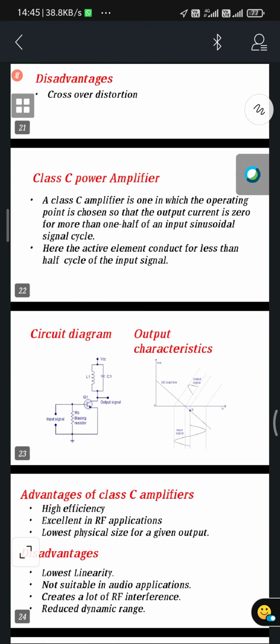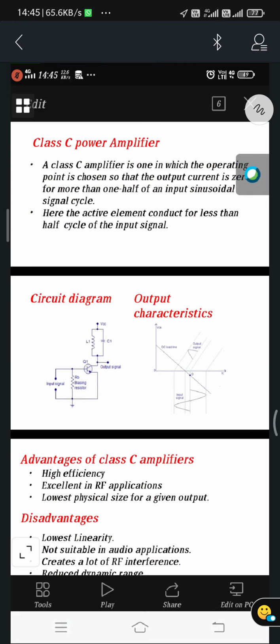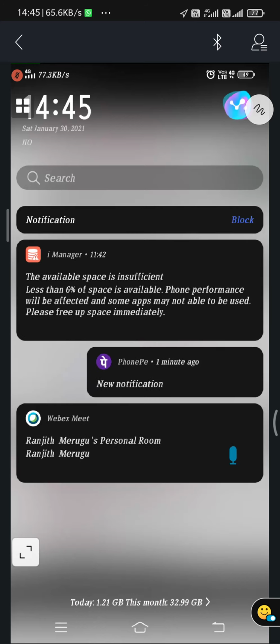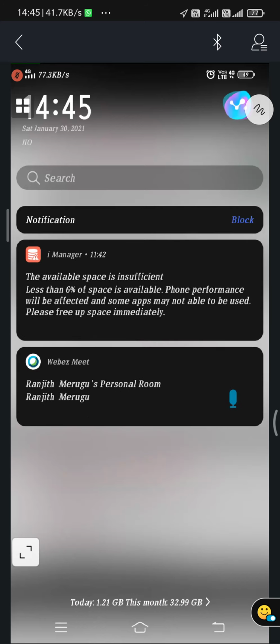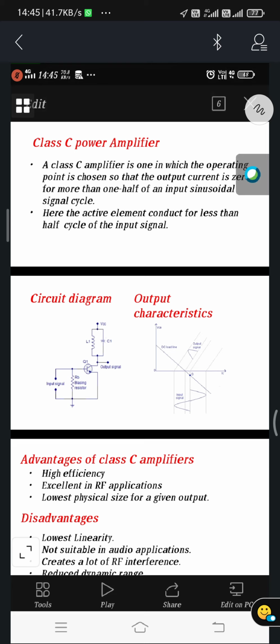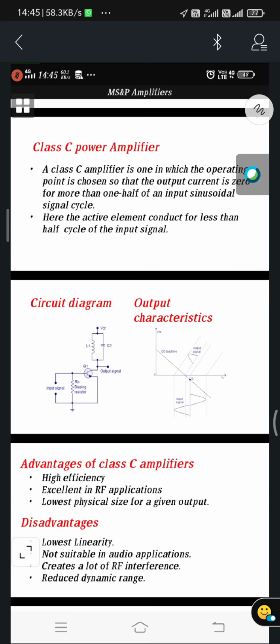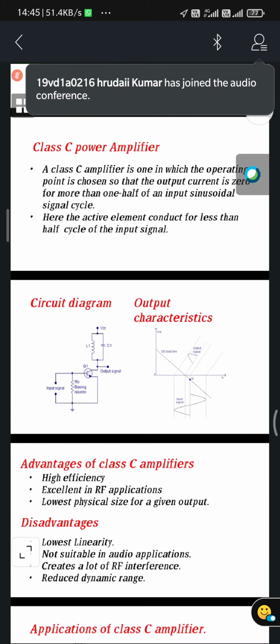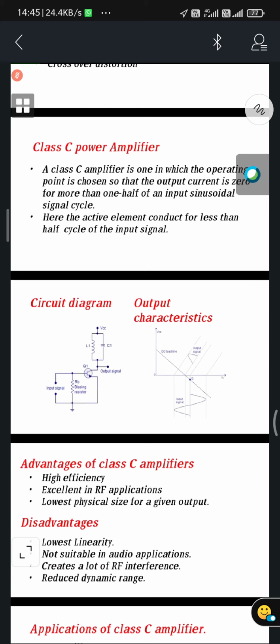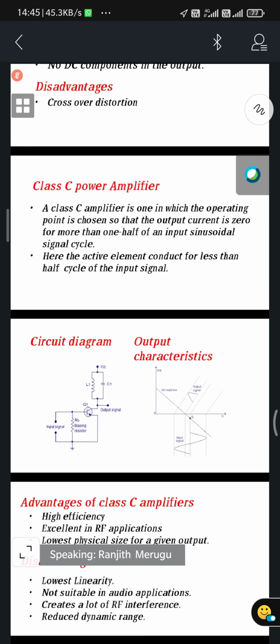That is about the class B amplifier. Now let's see the class C power amplifier. Observe the screen.